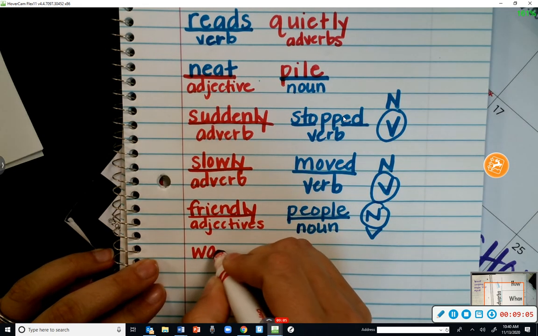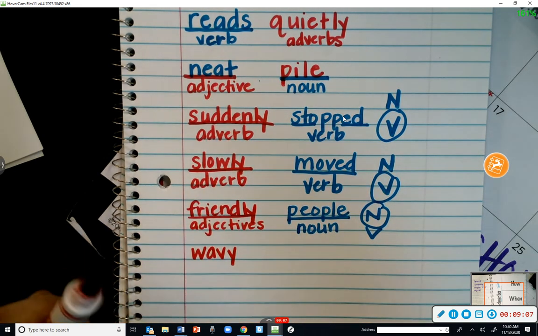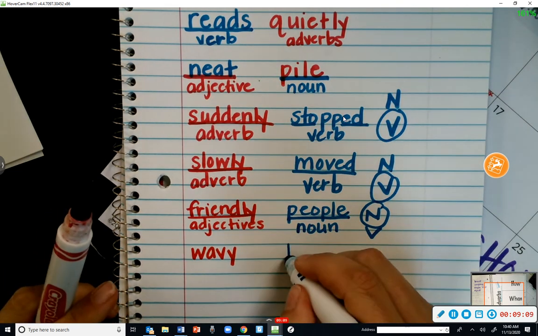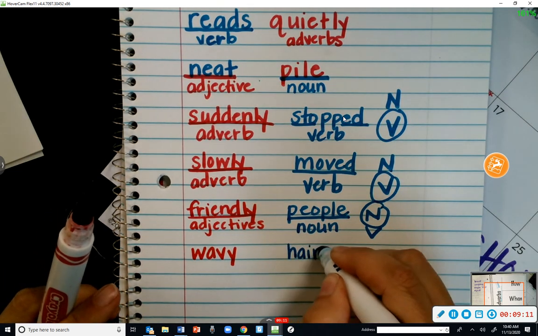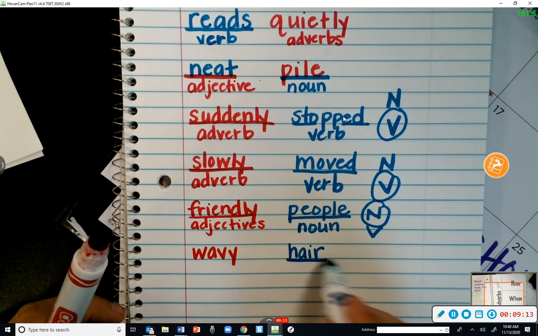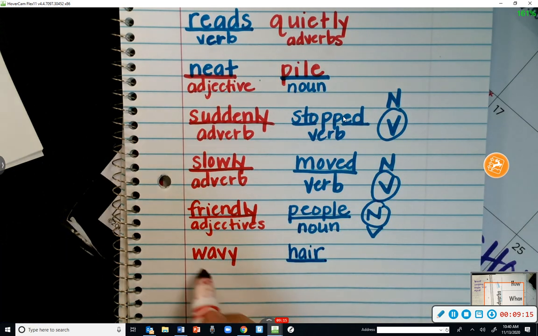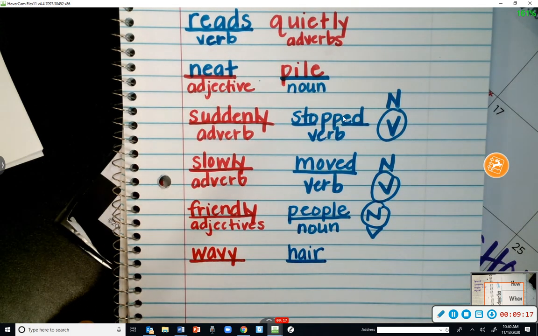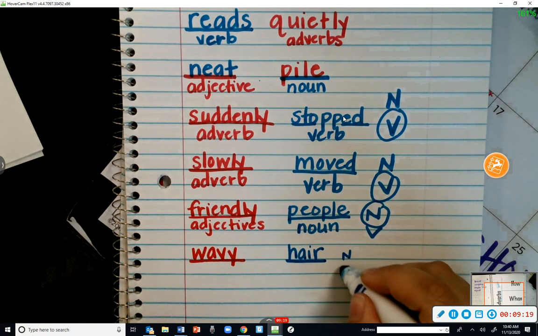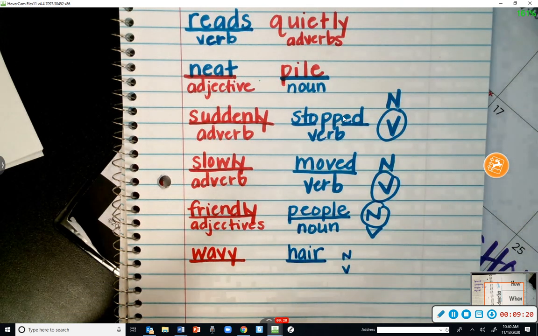Wavy hair. We need to first figure out if hair is a noun or a verb. What do you think, Javea?